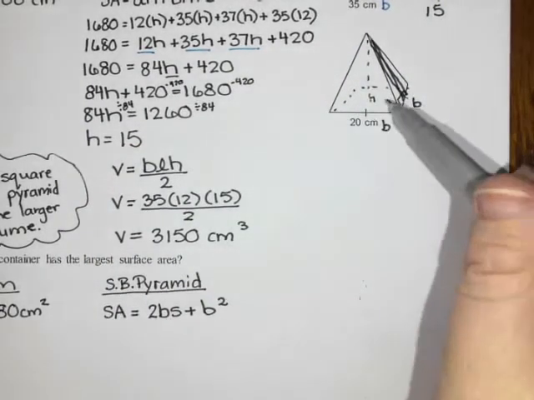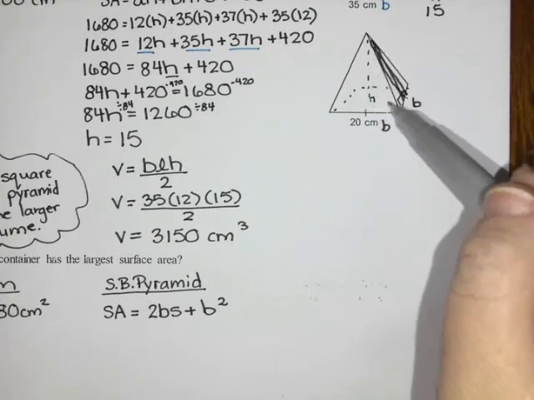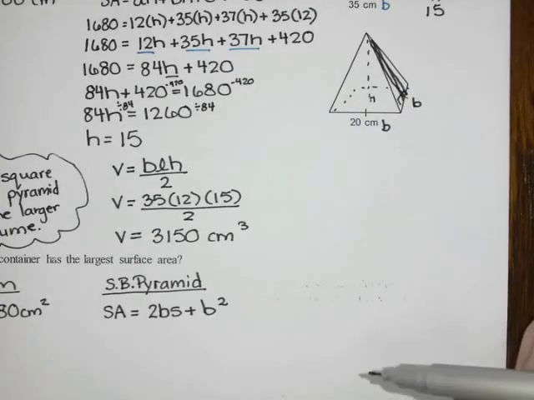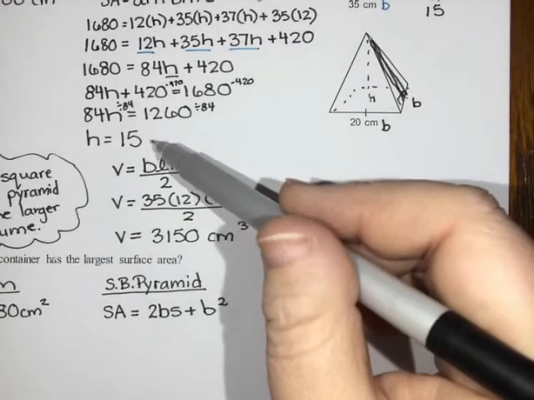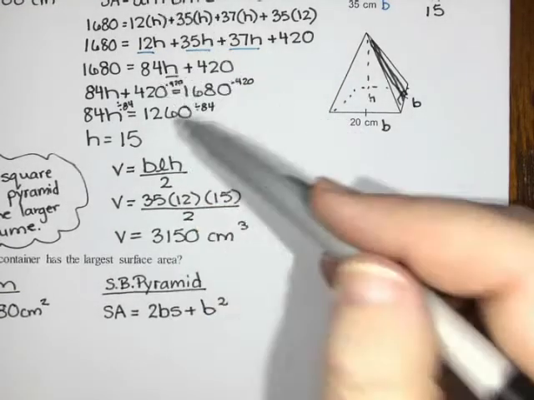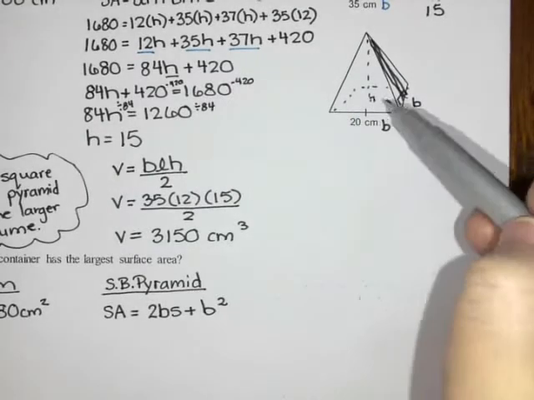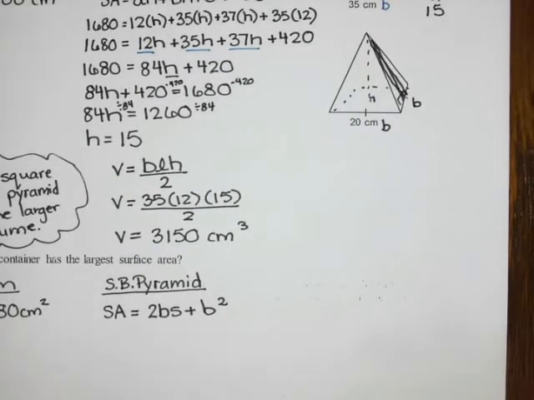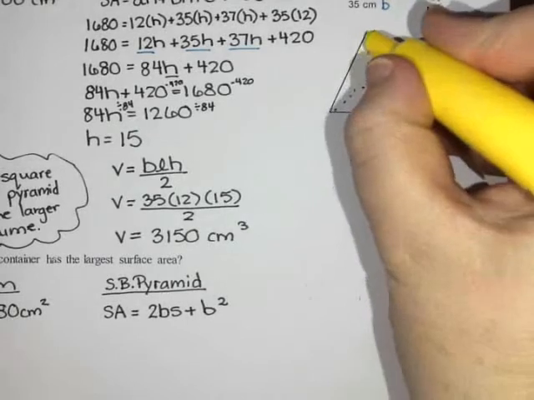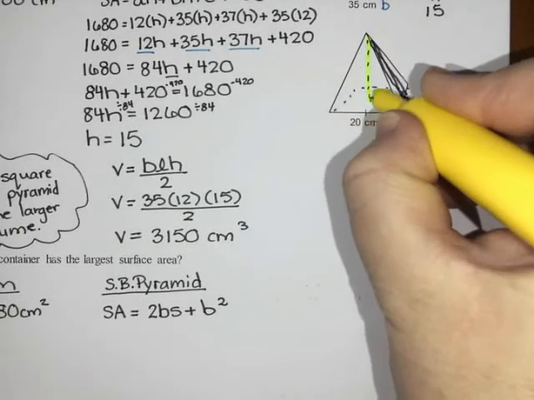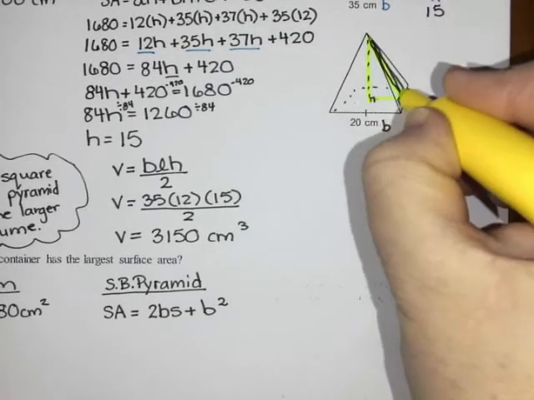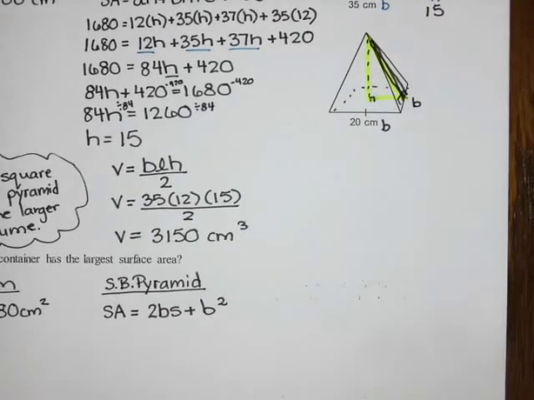So I could use the Pythagorean theorem to help us find the slant, or I could try to use, actually this by the way is the height of the triangular prism, so I apologize for that. But what I am going to have to do is there is a right angled triangle between the height, the slant, and the radius there.